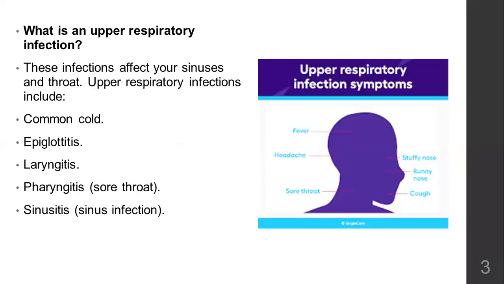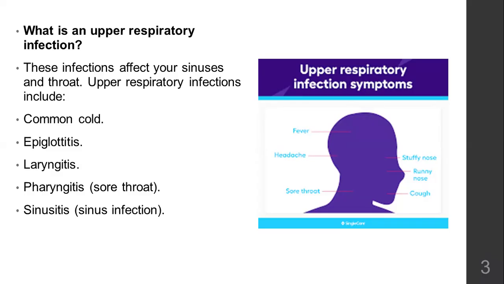So what is an upper respiratory tract infection? These are infections that usually affect your sinuses and your throat. For example, common cold, epiglottitis, laryngitis, pharyngitis, and sinusitis come under upper respiratory tract infection. Even most of the flus that you get usually affect your upper respiratory tract.